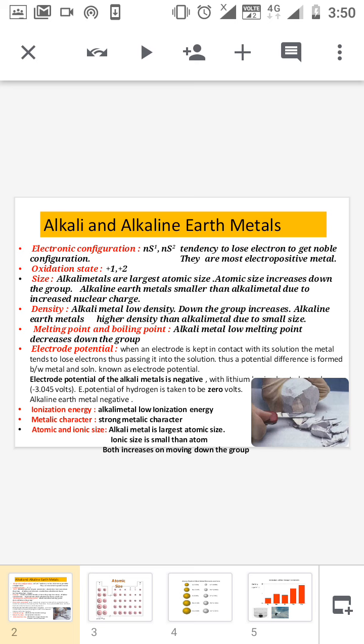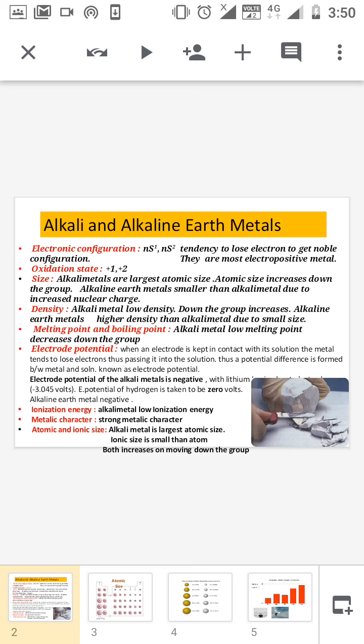Since the electronic configuration is ns2, the outermost electron is strongly bound to the nucleus and it shows the noble gas electronic configuration, so we have to give extra energy to lose the second electron from the atom.